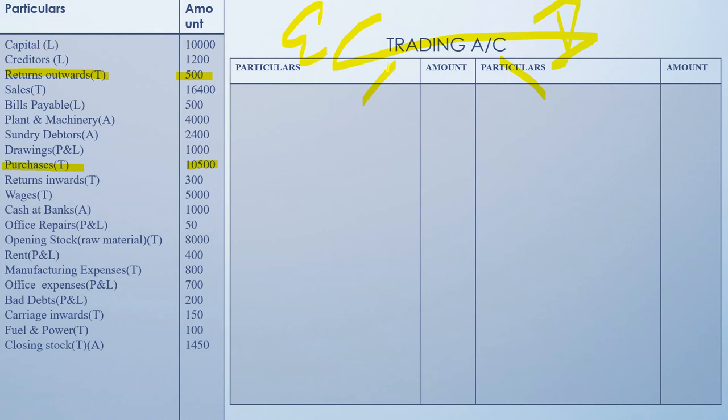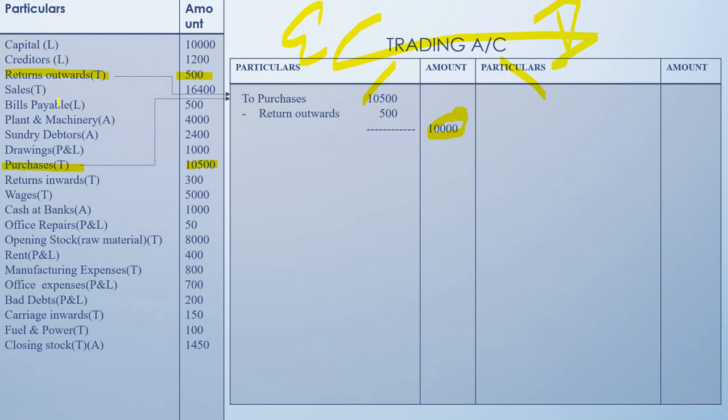Expenses are recorded on the left-hand side. So first purchases and then purchase returns: purchases 10,500 and returns 500. The actual purchase is 10,000.